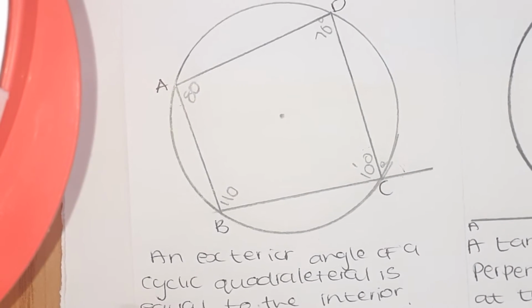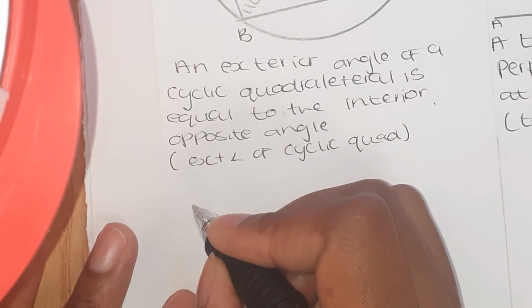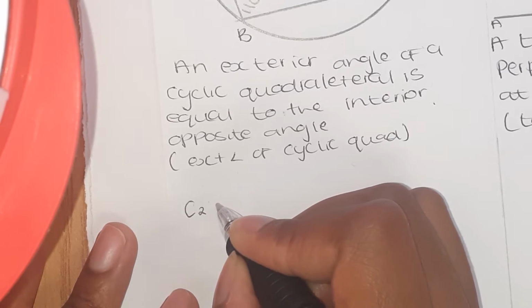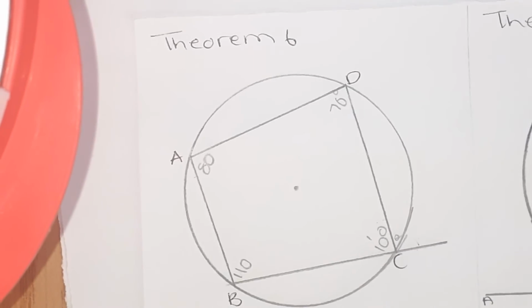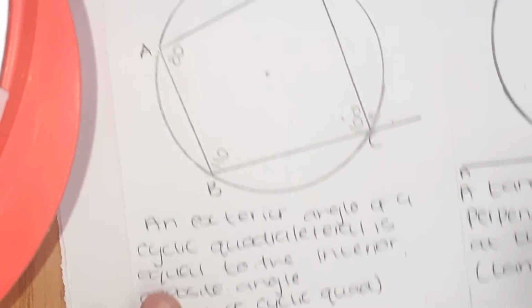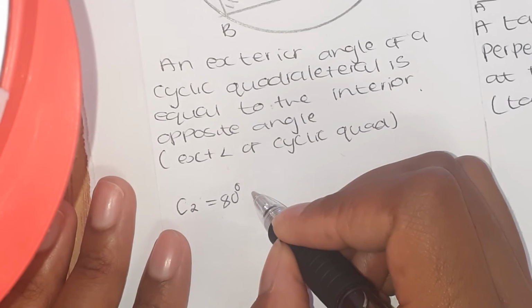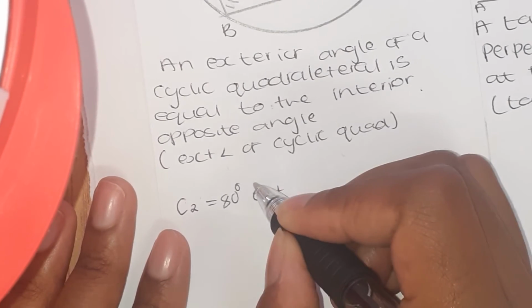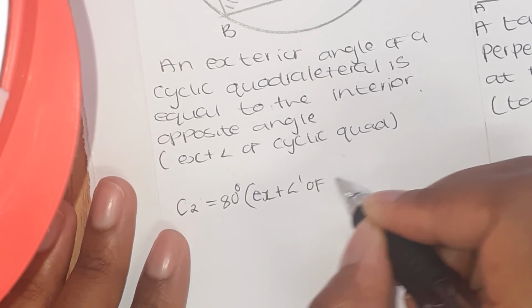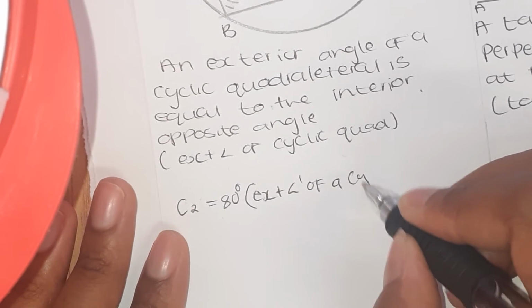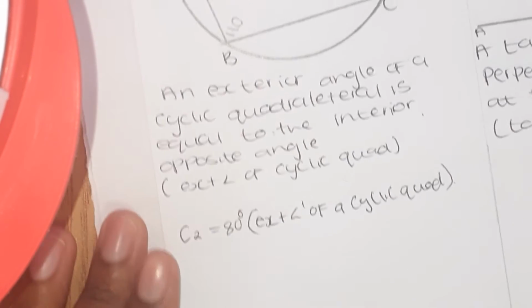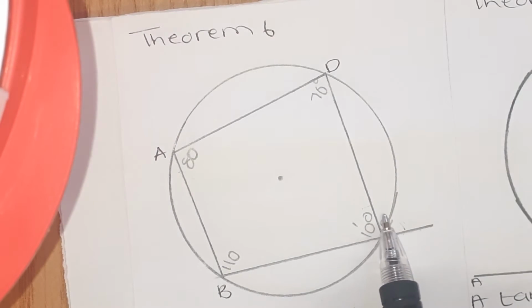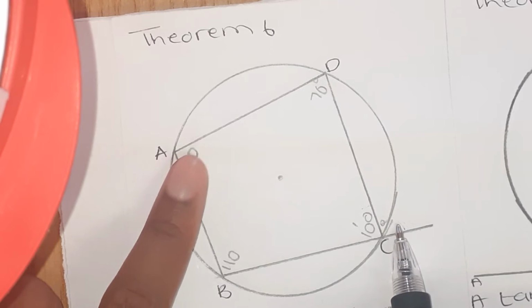So we will say C2 equals 80 degrees because it is the exterior angle of a cyclic quadrilateral, right? Or if you have this one, you can find this one.